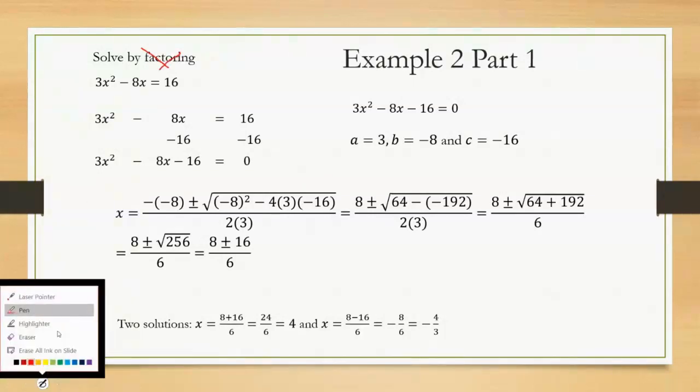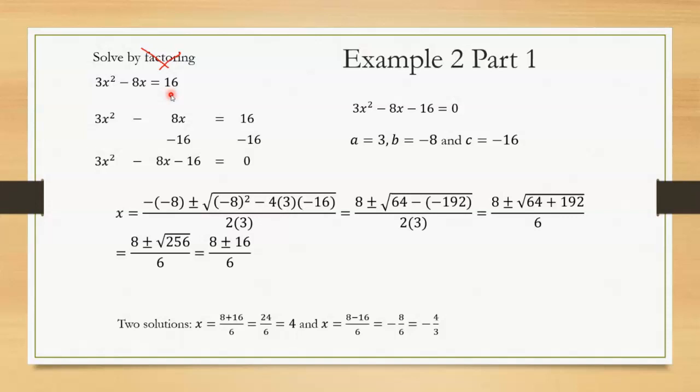But notice again, it's not in standard form, right? So what we have to do is get it in standard form. It's not hard to do that. You basically have to get the right-hand side to be 0. Here it's 16. Okay, so we just subtract 16 from both sides. And that's what we're doing. Subtract 16, what do we get? We get this.